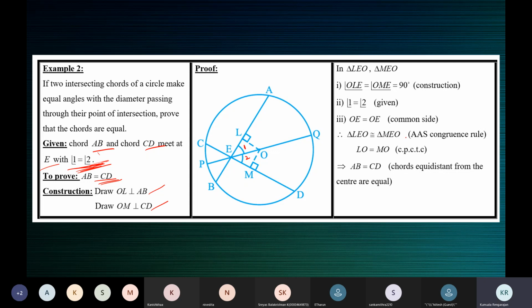Then show that the triangles are congruent. By CPCTC, LO is equal to MO. That means AB is equal to CD. Chords equidistant from the center are equal.